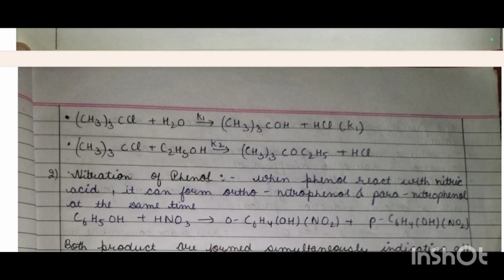(CH3)3CCl plus H2O, with rate constant K1, gives (CH3)3COH plus HCl. (CH3)3CCl plus C2H5OH, with rate constant K2, gives (CH3)3COC2H5 plus HCl.